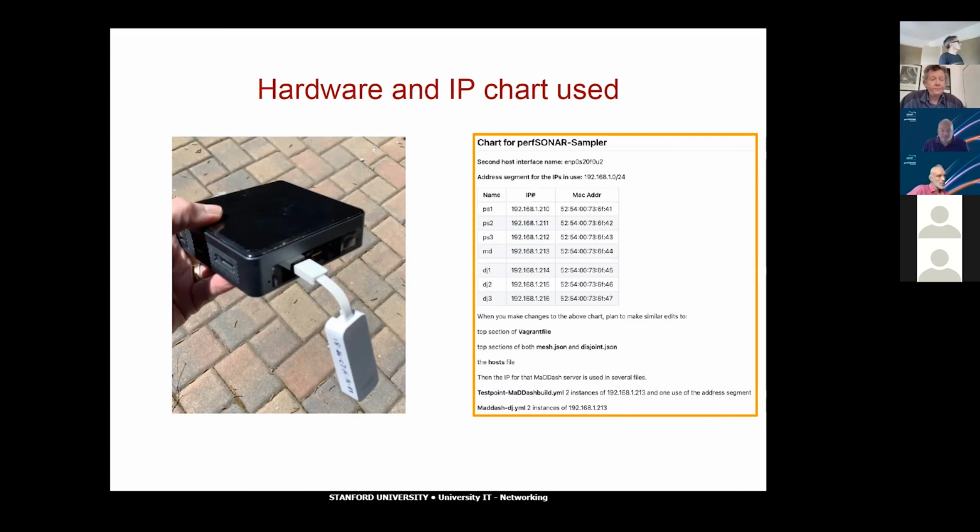So I have the main interface to the main network on the NUC. I have a second one that actually doesn't have an IP. It just serves as a bridge to all of the VM servers that are on that box.